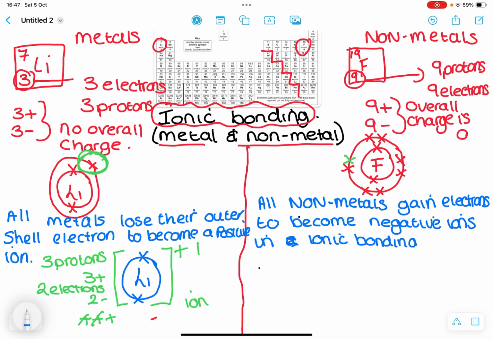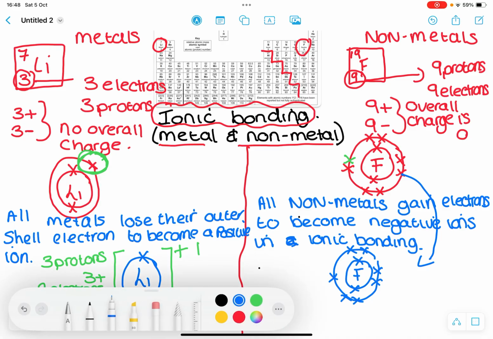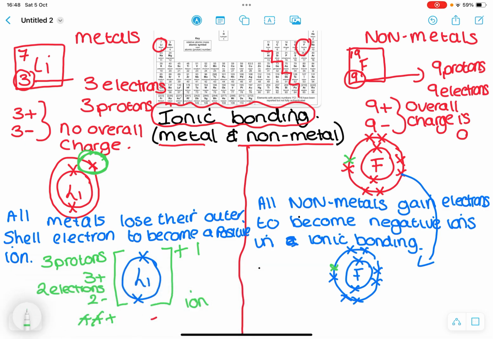Okay, so let's just have a little look at this now. I'm going to redraw this down here. So we've got F with 2 electrons on it on the inside. We've got F now with 7 of its own electrons on its outer shell. And then we've got this 1 electron that we've gained.